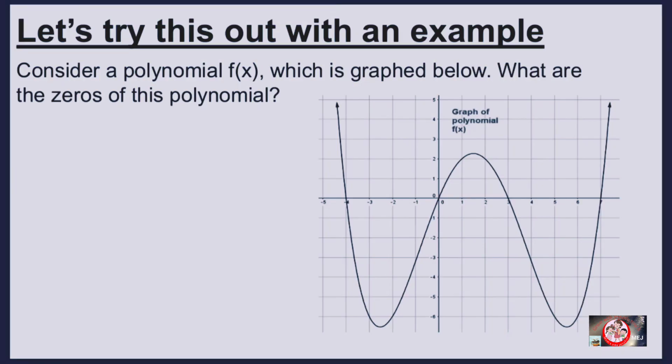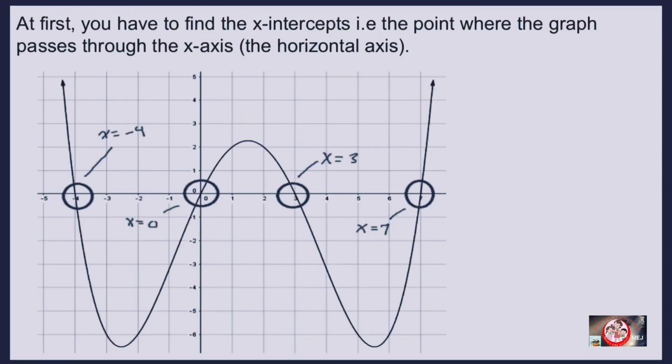On the screen there is a graph, and we consider a polynomial f(x). How do we find the zeros of this polynomial? Yes, we have to find the x-intercepts, that is, the points where the graph passes through the x-axis.